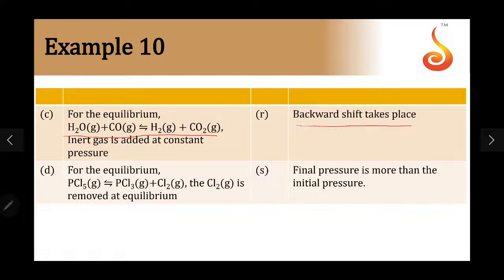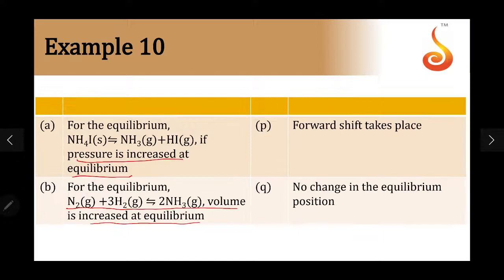So number of moles of gaseous products and reactants are same. You are adding inert gas at constant pressure, there is no effect because number of moles are same on both sides. Equilibrium will remain in the same position. So I have no change in the equilibrium position, so I can map to Q.